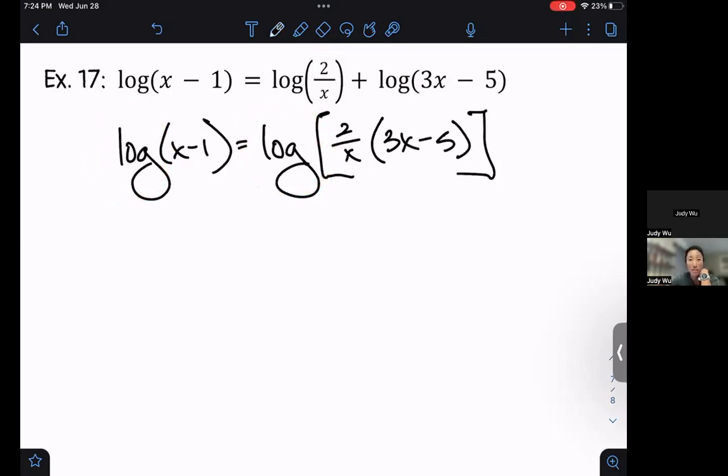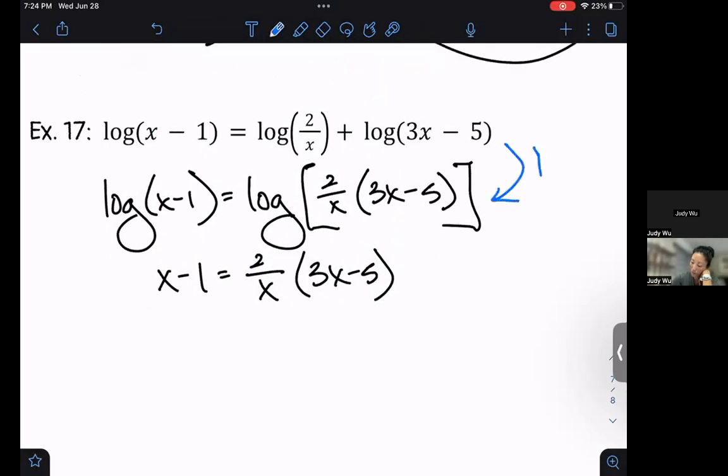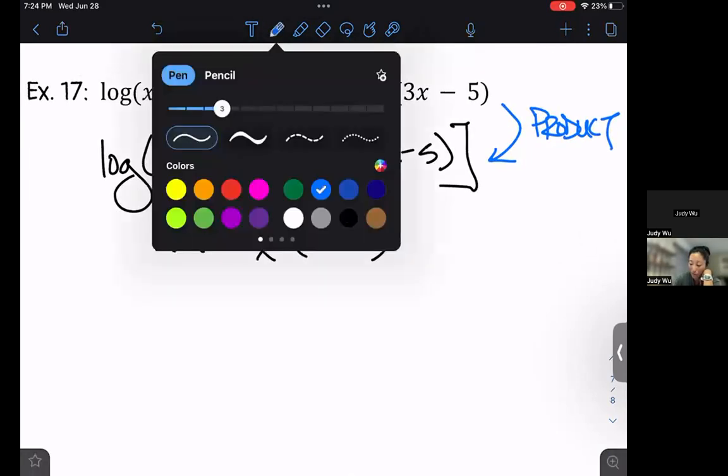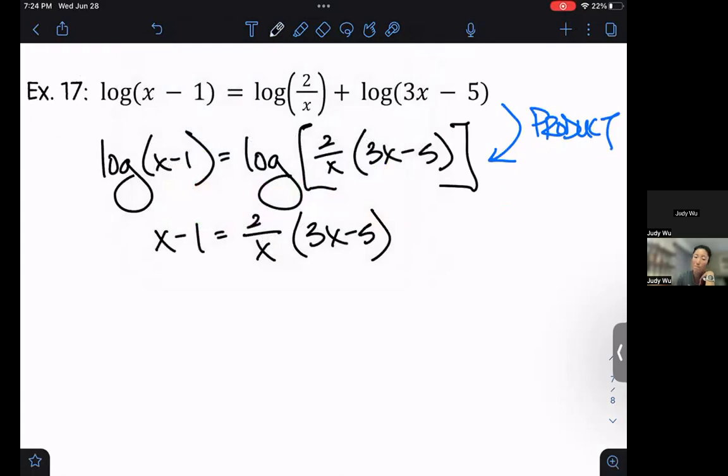They're logs with the same base. That means we can simplify this to be x minus 1 equals 2 over x times 3x minus 5. Pretty cool, right? We've combined our logs using the product property, and now we have the same bases, so we were able to get rid of the logs altogether, okay?